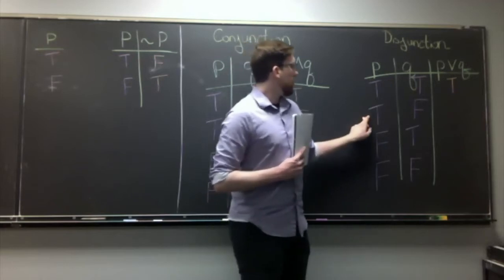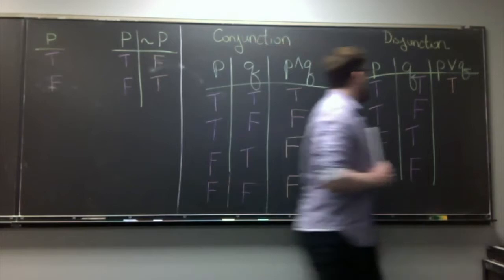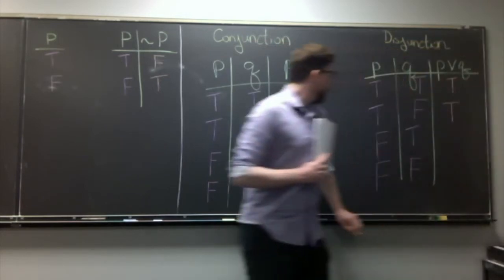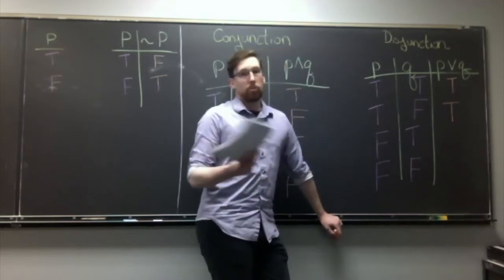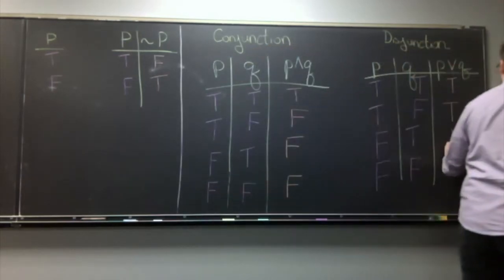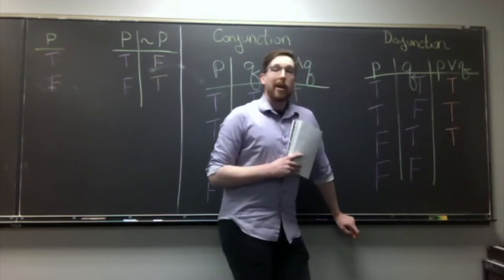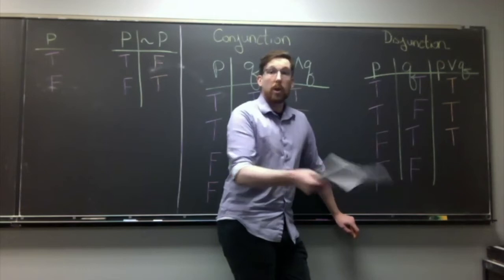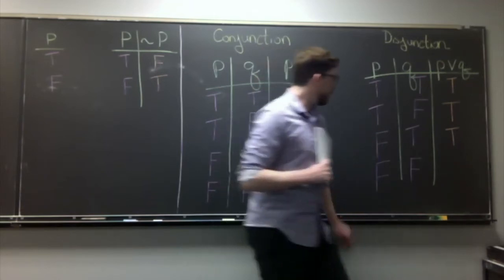Similarly, if P is true and Q is false, one of them is true. So P or Q is true. False and true, same idea. It's going to come out to be a truth value of true. And if they're both false, P is false or Q is false. So that value comes out to be false.